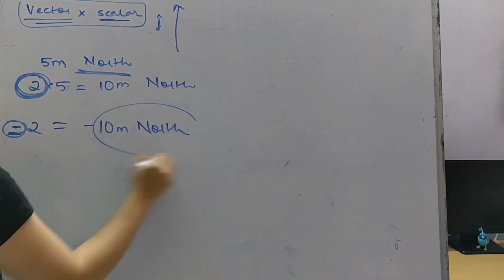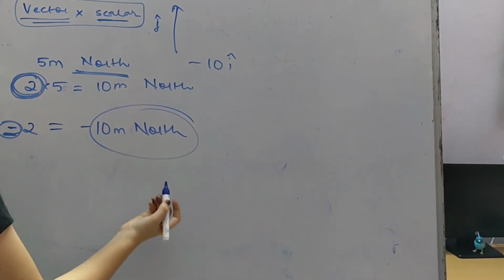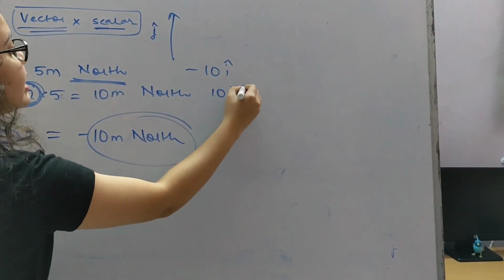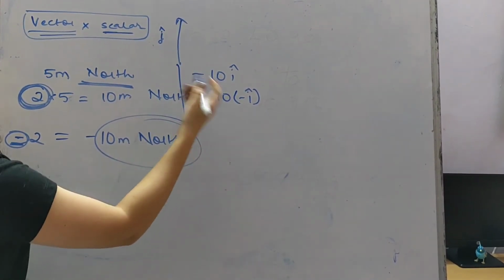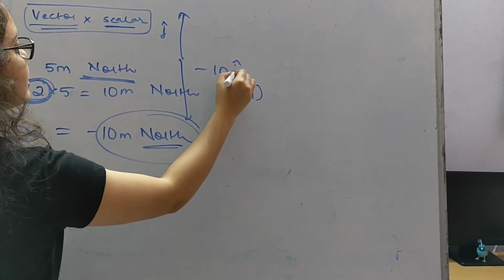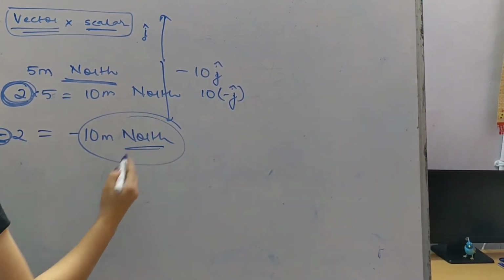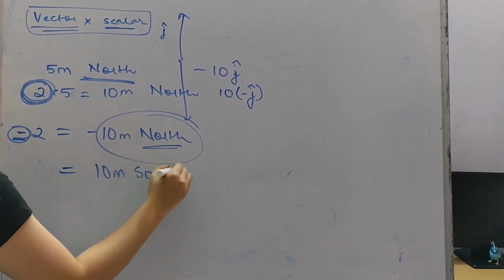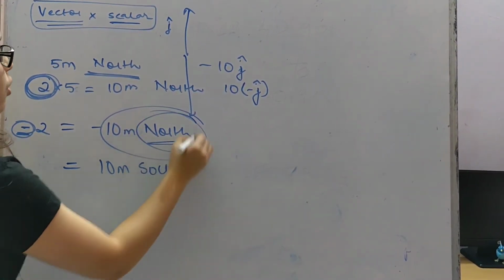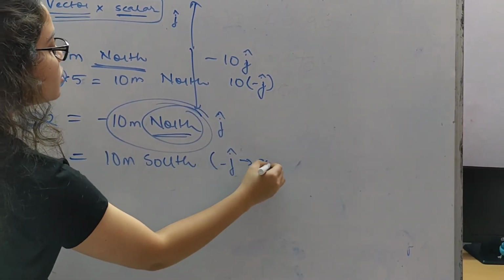So this has no meaning as written. Minus 10 i cap can be written as 10 into minus i cap, right? Here in the case of north it is j cap, so let us take it for j cap. Similar case will come. Now it will become 10 meter south. Take north as j cap, so minus j cap will be south.